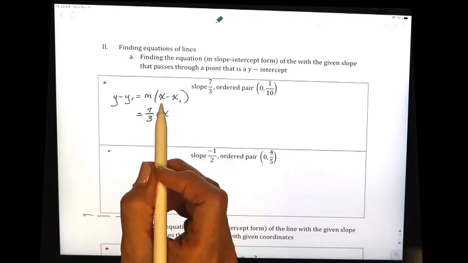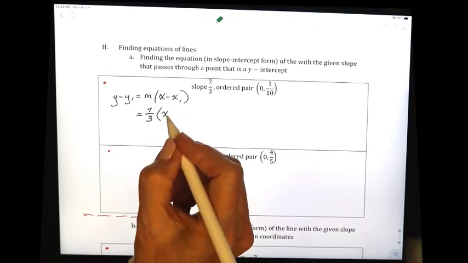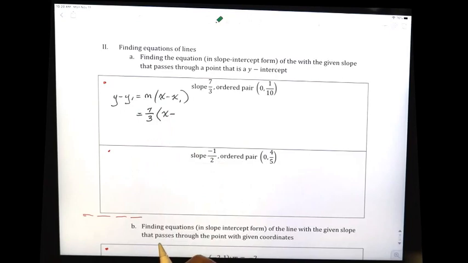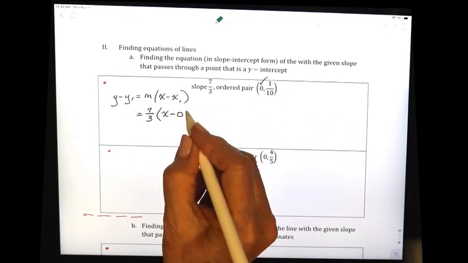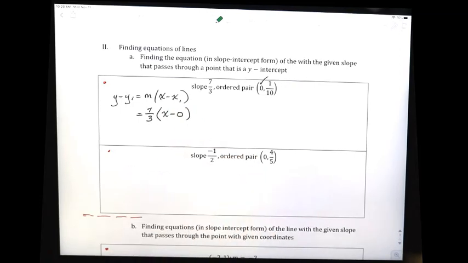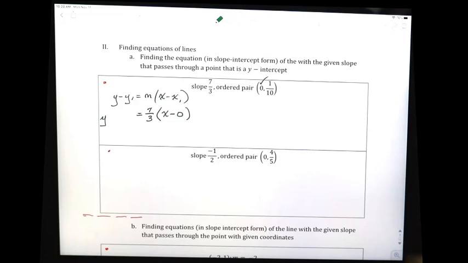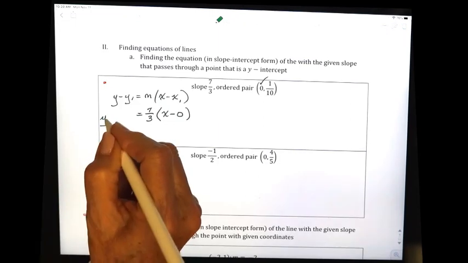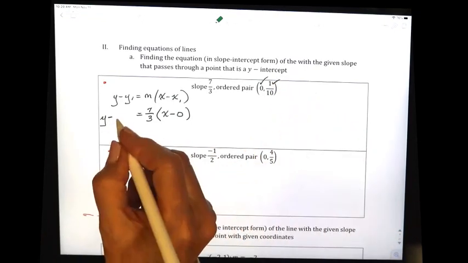The x that does not have a subscript remains in the formula. Then you write down the minus, and then you go to your point and you find the x coordinate and insert that. Now let me come back to this left-hand side. You leave the letter y in there, put down the minus, and then go to your point and pick up the y coordinate.